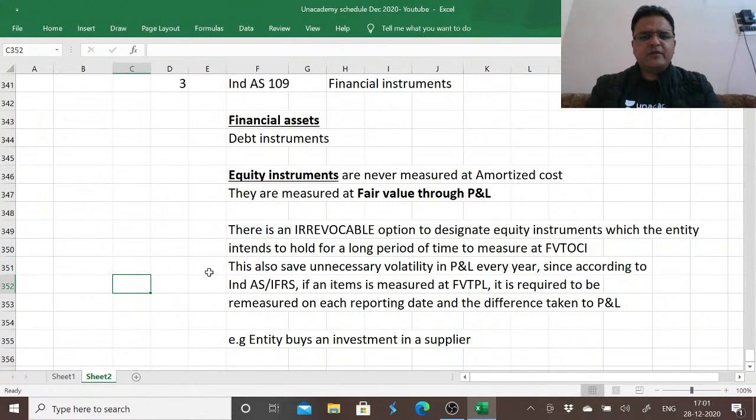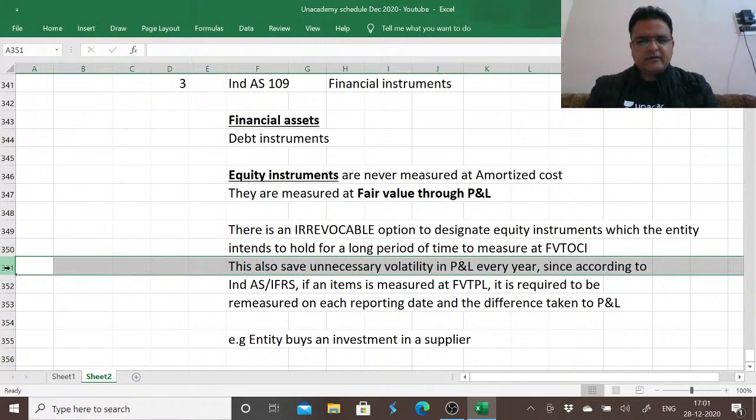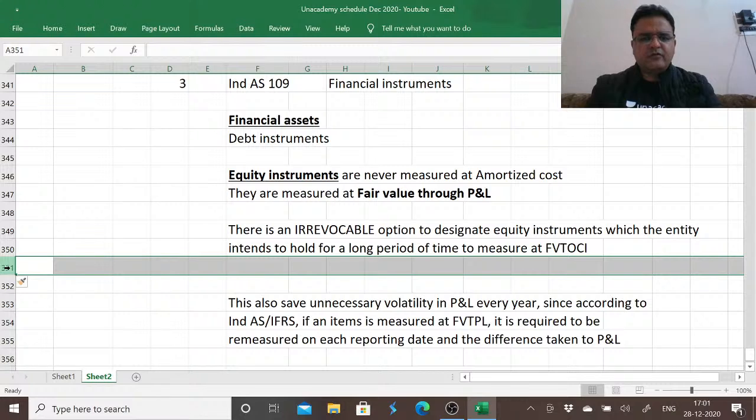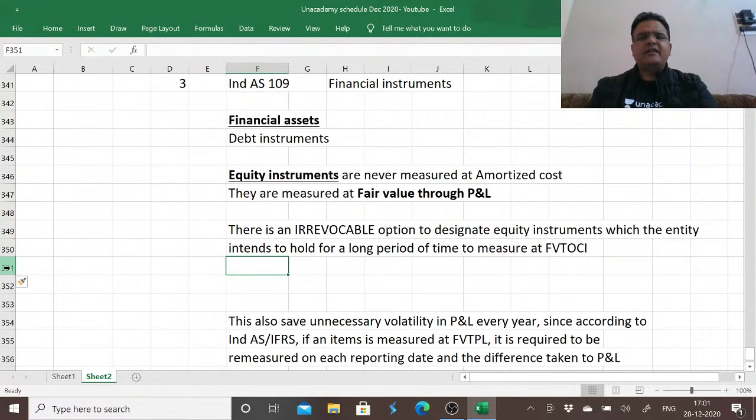The impact of this will be, since they are being measured at fair value through OCI, they don't have any chance to be reclassified to P&L. They are never reclassified to P&L now.